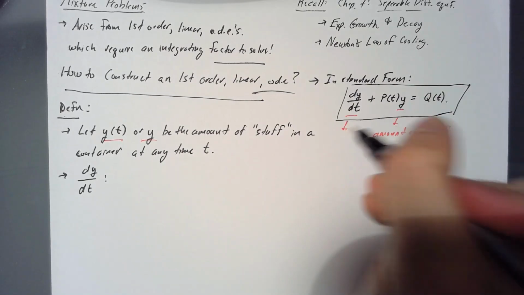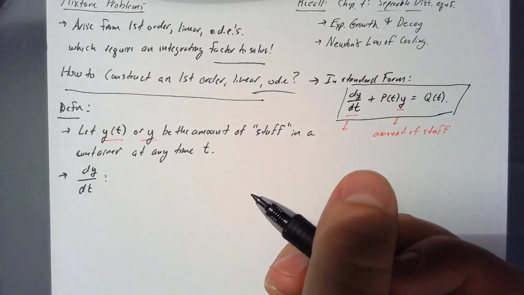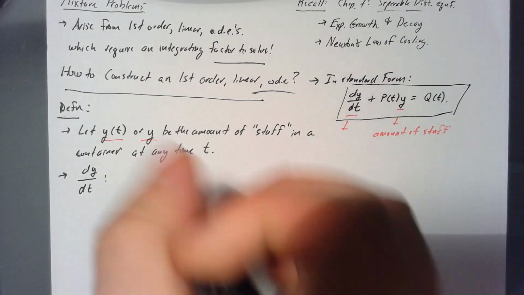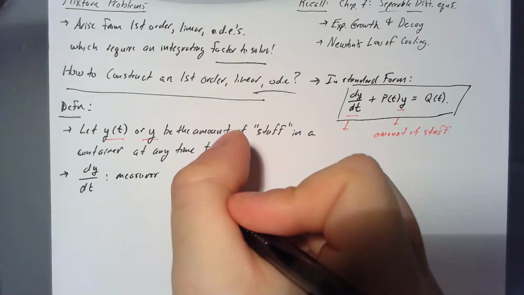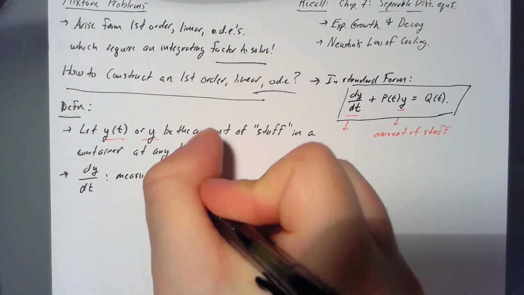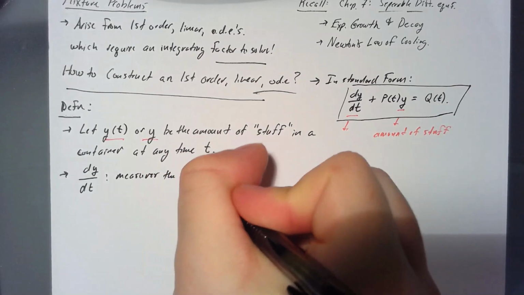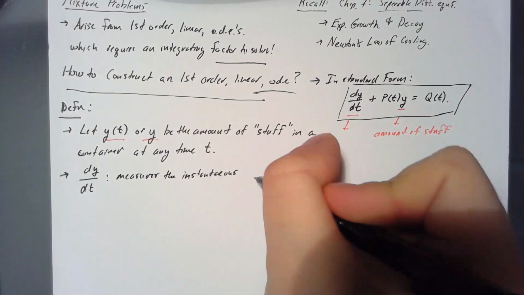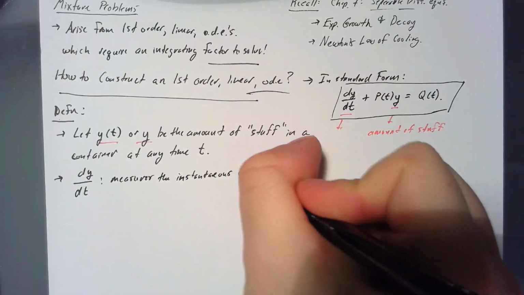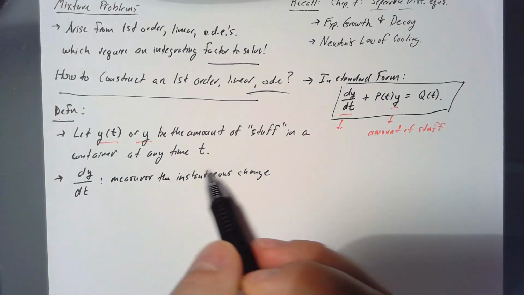This represents what? That represents, or it measures, the instantaneous change, because that's what it is. dy/dt is their instantaneous change, right?